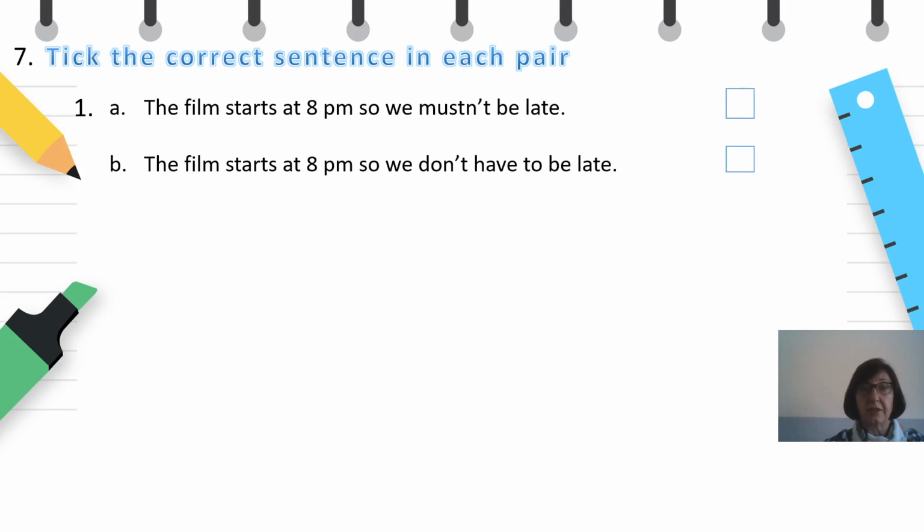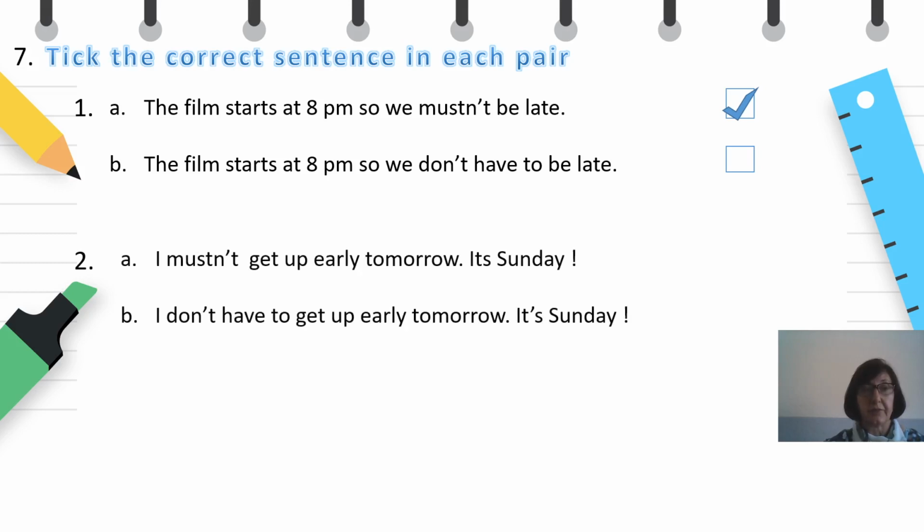The right sentence is: the film starts at 8 p.m., so we mustn't be late. The next pair of sentences is: I mustn't get up early tomorrow, it's Sunday. Or, I don't have to get up early tomorrow, it's Sunday. The right choice is: I don't have to get up early tomorrow, it's Sunday.